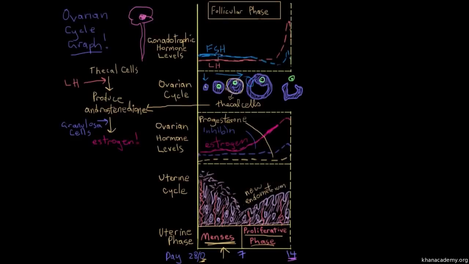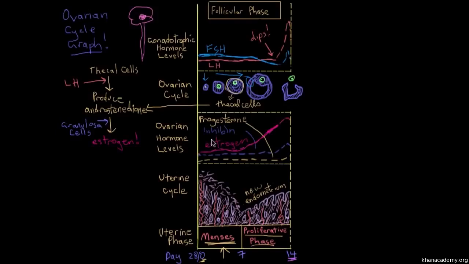So at this point, some really interesting stuff starts to happen. When the hypothalamus and the anterior pituitary gland in the brain start to sense that the levels of estrogen are super high like this, they begin to release less FSH and LH. And you can see them dipping here. And that sort of makes sense, right? Because the point of releasing FSH and LH in the first place was to cause development of the follicles.